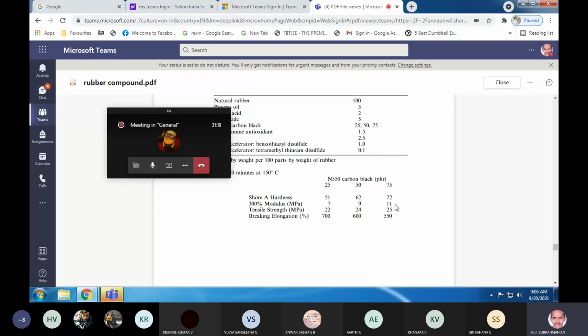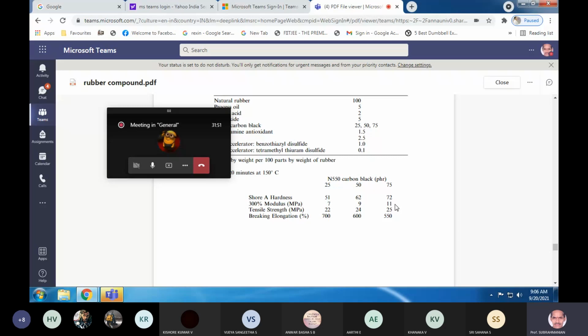So that is one aspect, and one major limitation of NR is the high temperature application. You cannot use NR beyond 70 or 75 degrees, whereas chloroprene rubber you can continuously use at 90 or 100 degrees. So whatever the benefits in using NR are almost nullified at a higher temperature.